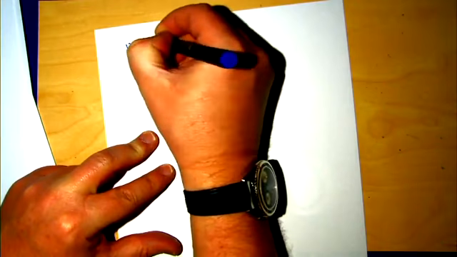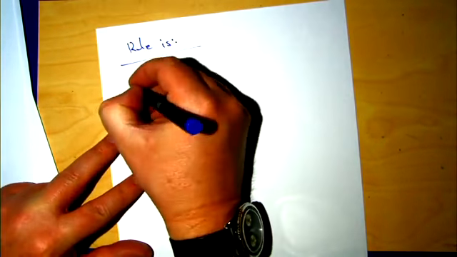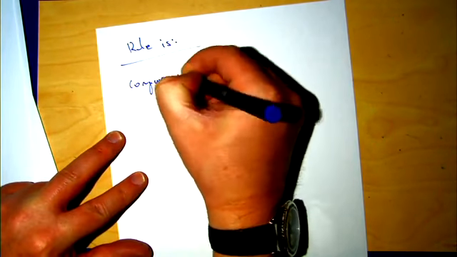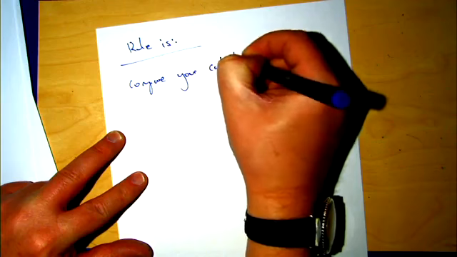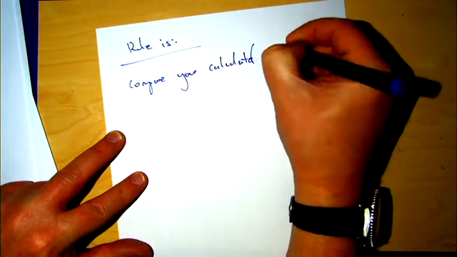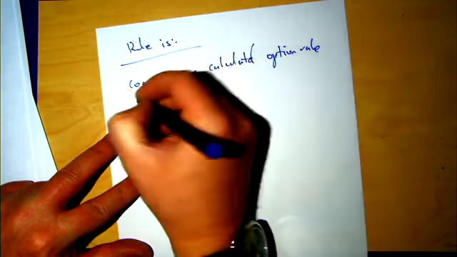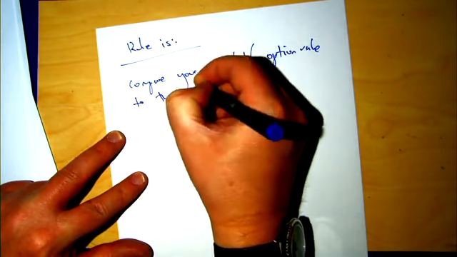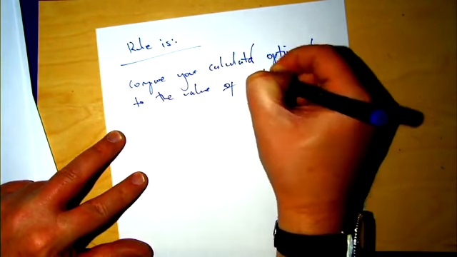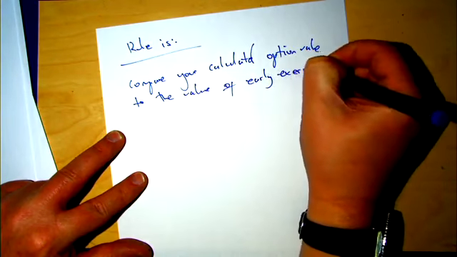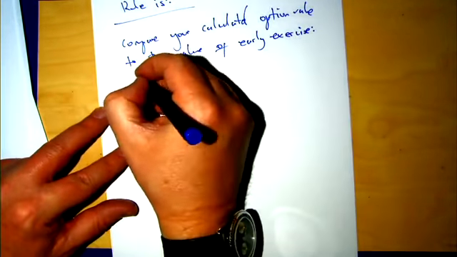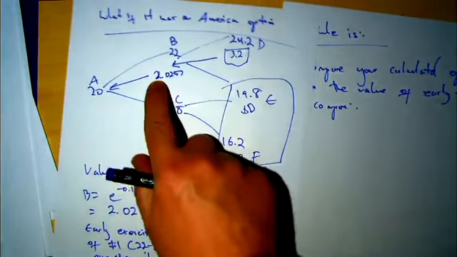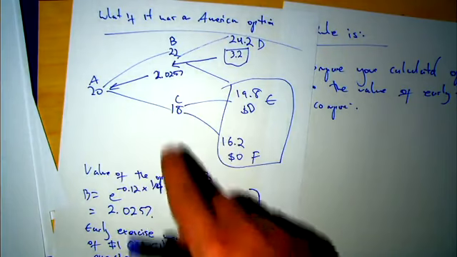So my rule is, and this is all about early exercise, the rule is compare your calculated option value to the value of early exercise. So in other words, I compare this 2.0257 with the early exercise of $1.